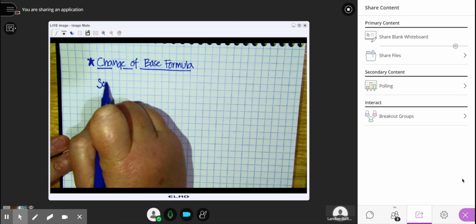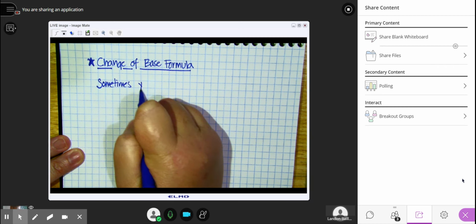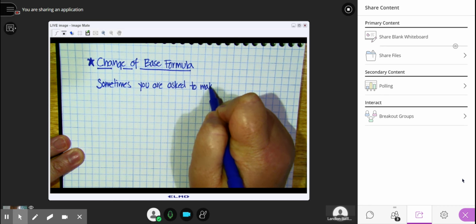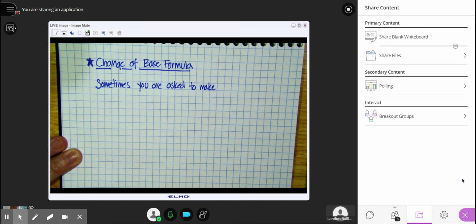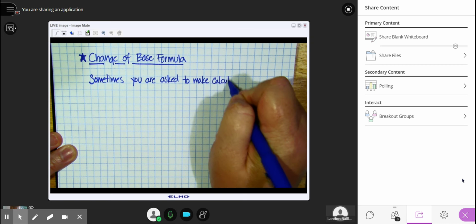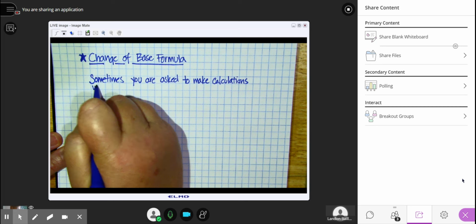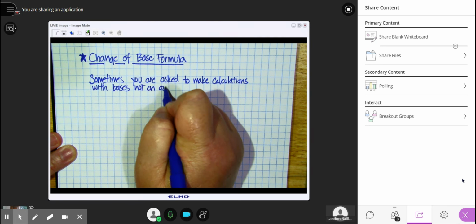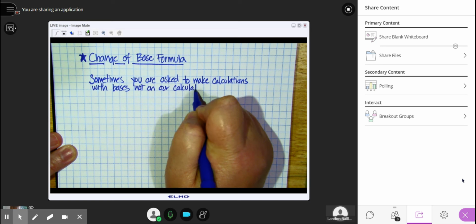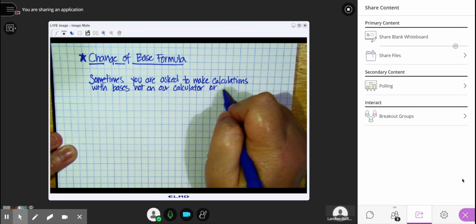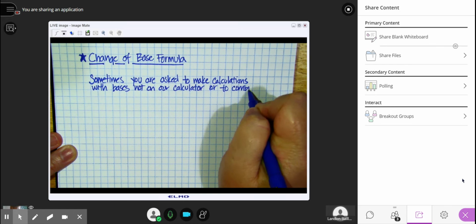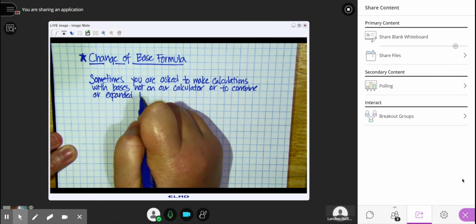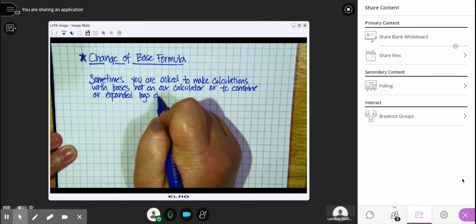We use the change of base formula because sometimes we're asked to make calculations with bases not on our calculator, or to combine or expand logs that do not have the same base.